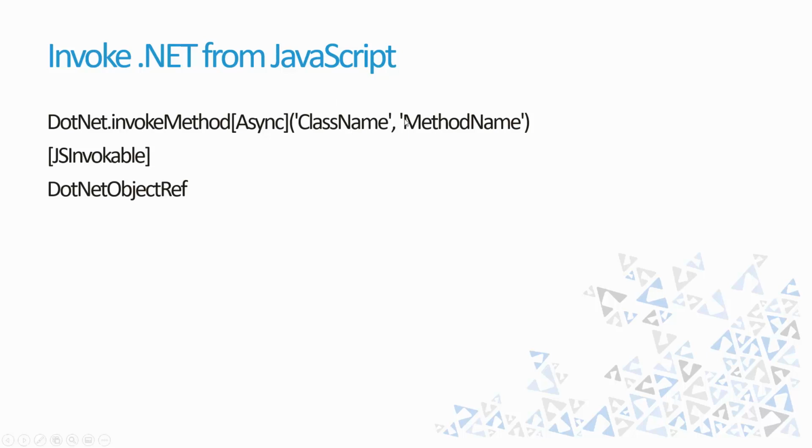If it's a static method, you pass just the class name and the method name, and then the parameter. If it's an instance method, you have to pass a reference to that instance from Blazor to JavaScript by using the Blazor to JavaScript call. You can use the .NET object ref type to get the reference there. You also have to mark those methods you want to allow to be called with the JS invocable attribute.